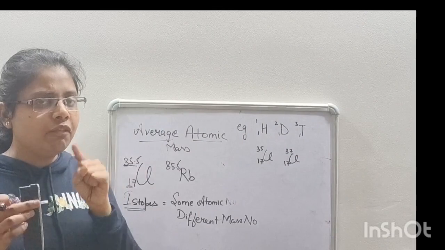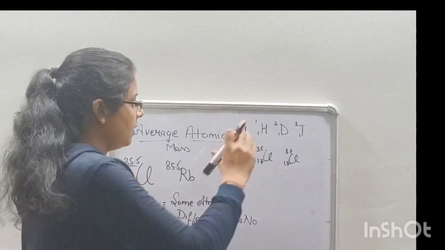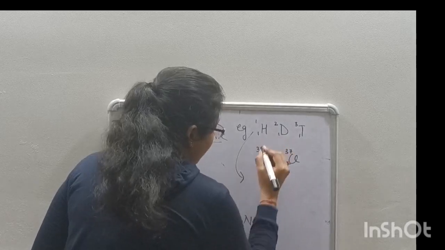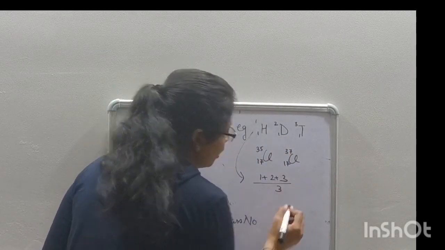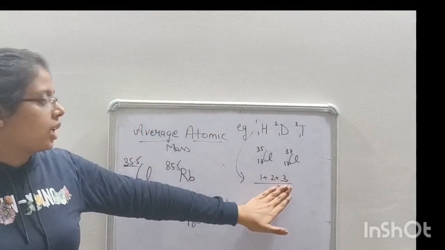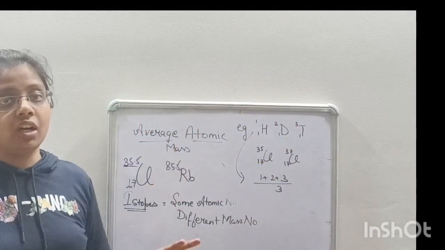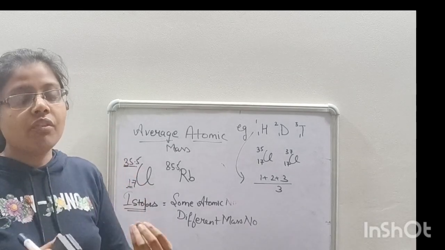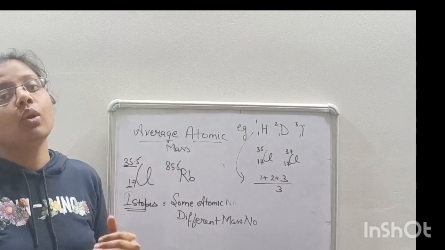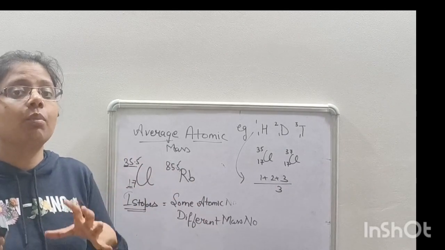But here, the way of taking the average will not be like 1 plus 2 plus 3 divided by 3. No, this is not the correct way. Here the average is taken on the basis of abundance, meaning the amount in which they are present in nature.